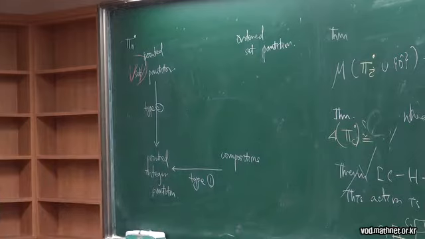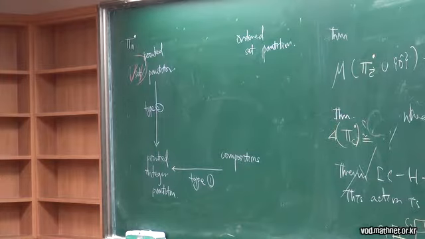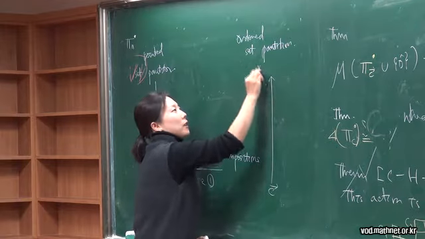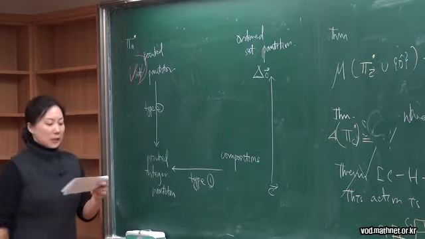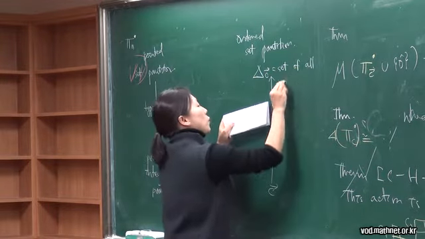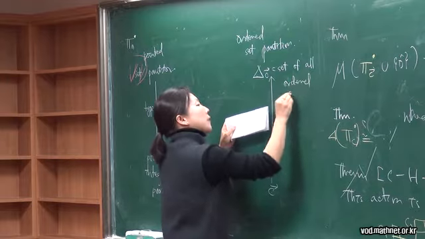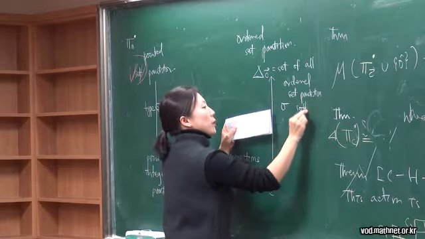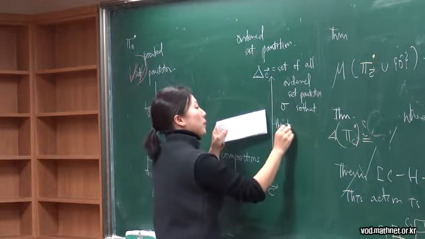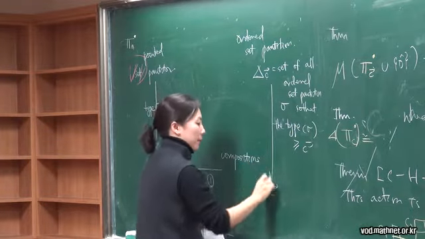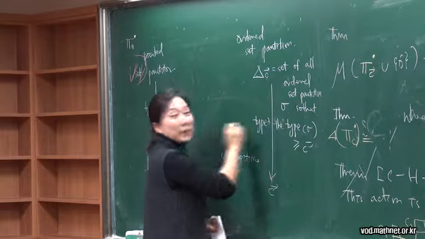However, if I have some subposet of that, for the composition C here, please define Delta_C. This is the set of the ordered set partitions sigma so that the type of sigma is greater than or equal to C. I would say this is type 3.